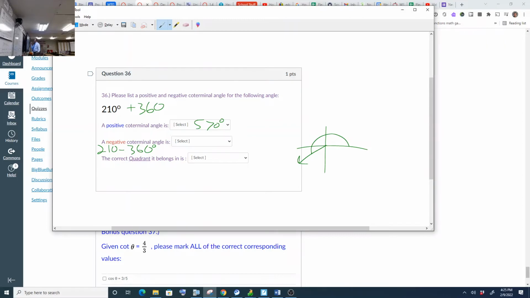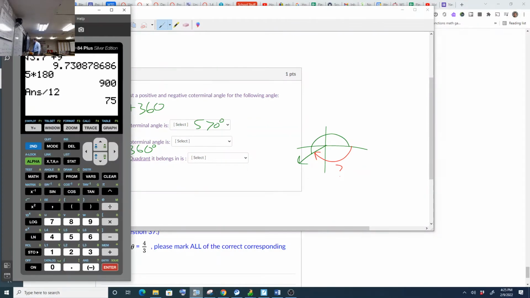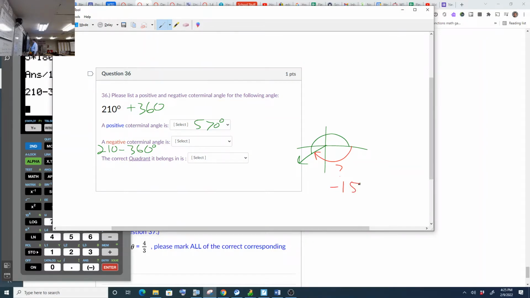If we're trying to get a negative coterminal angle, then you go this way. What is that angle? By subtracting 360, 210 minus 360 gives us our angle. I'm guessing it's negative 120, but let's double check. Oh, that was close. Negative 150. There we go, so negative 150 will be there. And what quadrant is that in? That quadrant, of course, is quadrant 3.